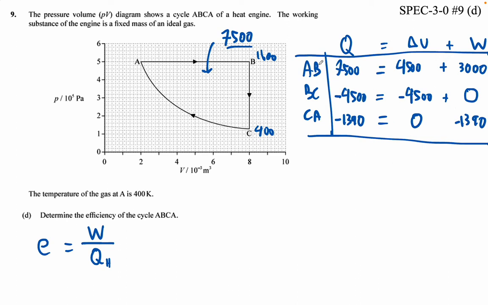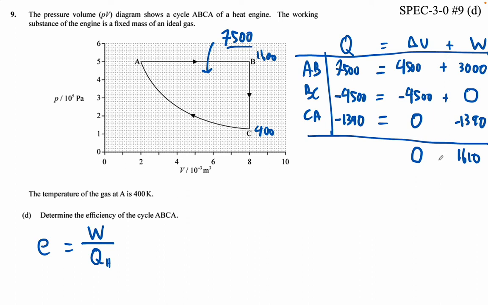Okay? Now, when you look at this process here, there's a few things that you'll do if you ever add them up, and I recommend you do this for processes, right? This has to add to 0. Now, if you look at this guy, the net amount of work is 3,000 minus 1,390. So it's 1,610.